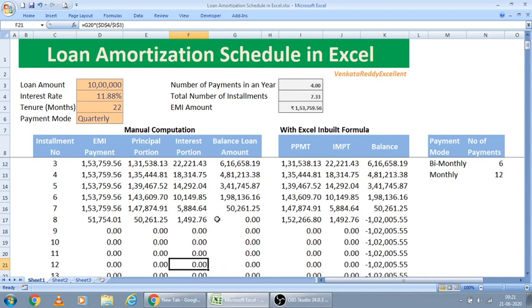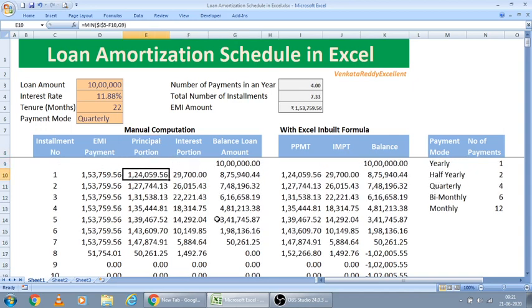Let me show this principal component once again. From the total EMI amount, reducing the interest portion, if that amount is less than the previous month loan balance amount, I am just taking the lower of these two. I am using the Min command here: min of this principal portion or previous month loan amount, whichever is lower.